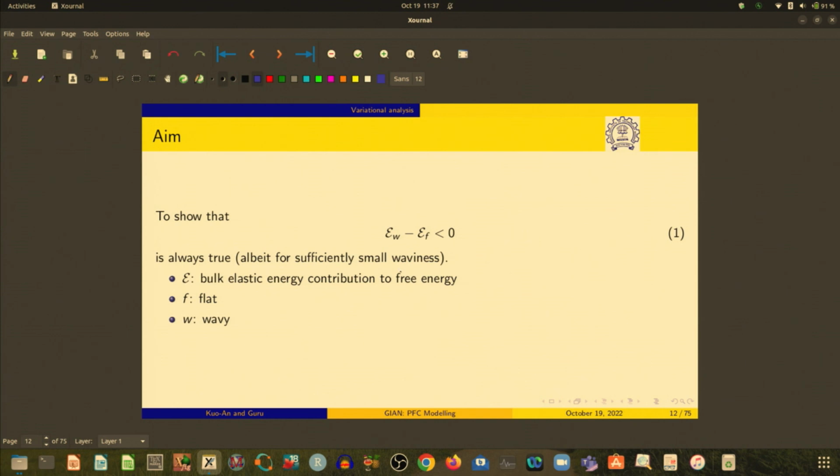What do we mean by the waviness being very small? You will see when I do the analysis, there are several assumptions and approximations that I make, which will tell you what I mean by small waviness. F is flat, W is wavy, and the script E is basically the elastic energy contribution to the free energy. How do we prove this?